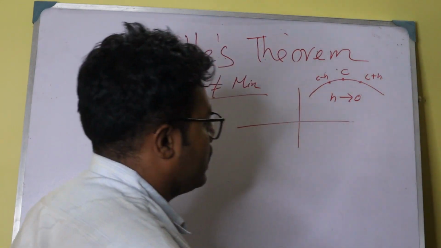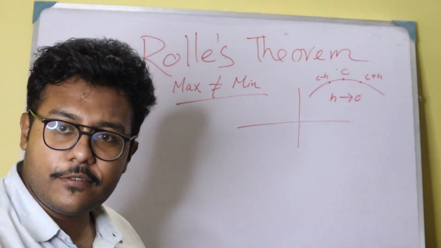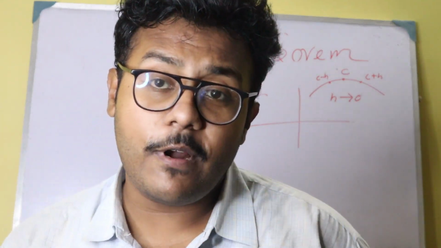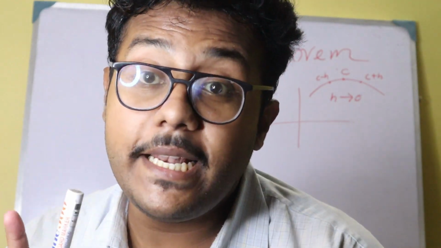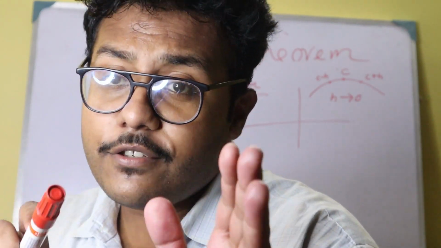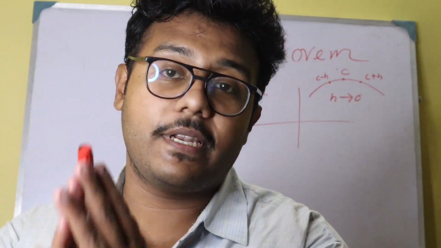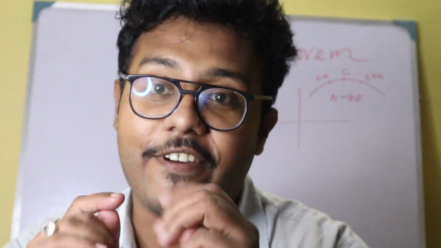It's a very small thing. Now do you remember anything, friends, when H tends to 0? People who are thinking that we are going to apply limit here are absolutely correct. We are really going to apply limit here, and after I show you the proof, you will say, oh my god, it was very simple. This will be your exact reaction.